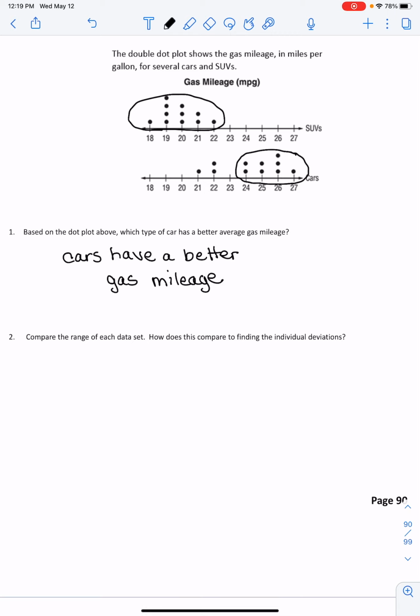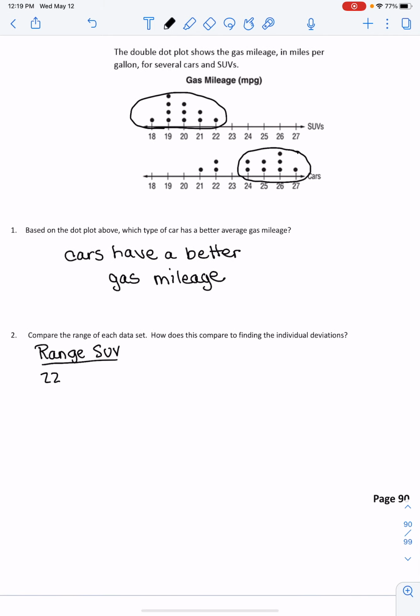Okay. It says compare the range of each data set. How does this compare to finding the individual deviations? Okay. Well, let's look at the range of the SUV. The range of the SUV goes from 22 to 18, so that's 4.